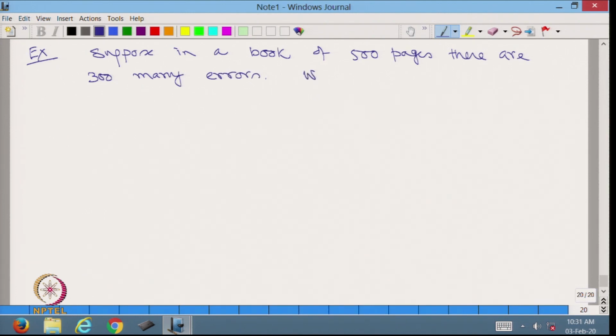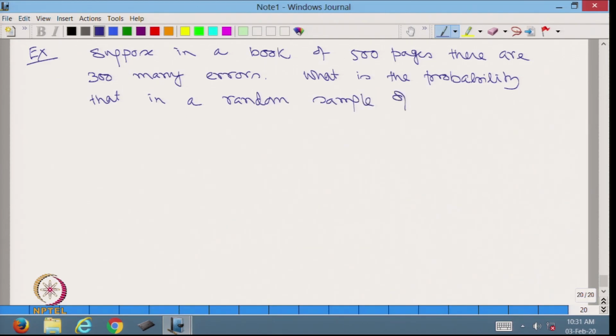What is the probability that in a random sample of 10 pages, there are no errors?